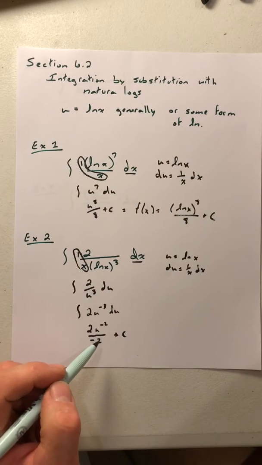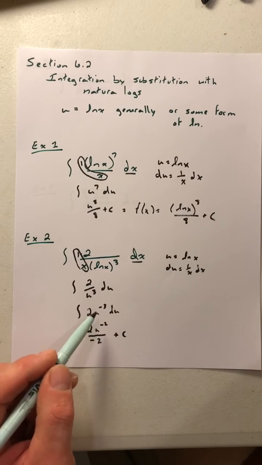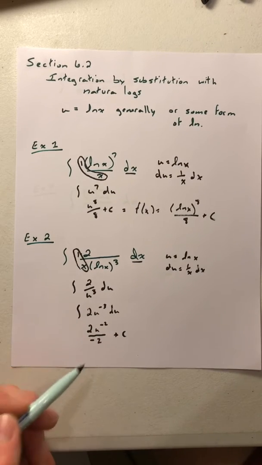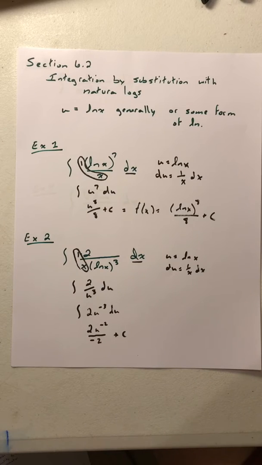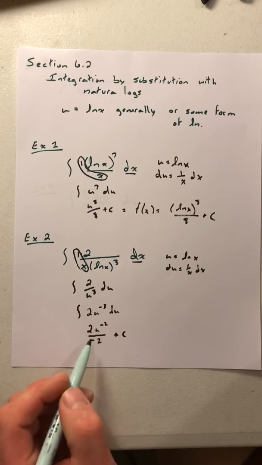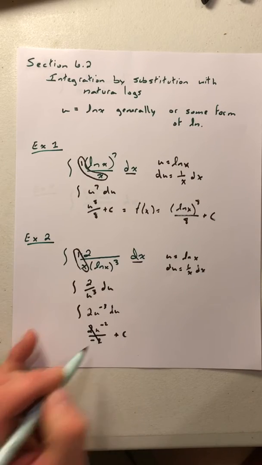A lot of us in our homeworks in previous sections went ahead and integrated this again until we got to a natural log. We're only going to integrate this once at this point in time. So don't try to get this down to a 1 over u. We're going to leave it just as 2u to the negative 2nd over negative 2 and then clean this up. How are we going to clean it up? We can divide those 2 out.